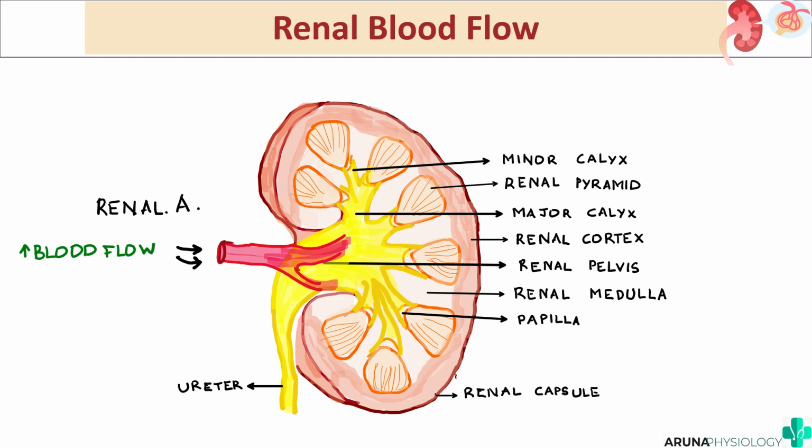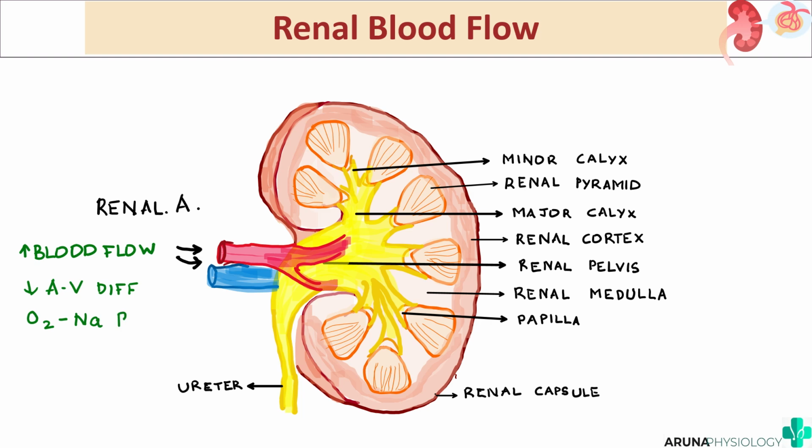But even though a huge amount of blood reaches it, the arteriovenous difference is very small, which means the kidney is taking very little oxygen from this arterial supply. In other words, because the blood flows more than what the kidney needs, the difference between arterial and venous oxygen is very small.